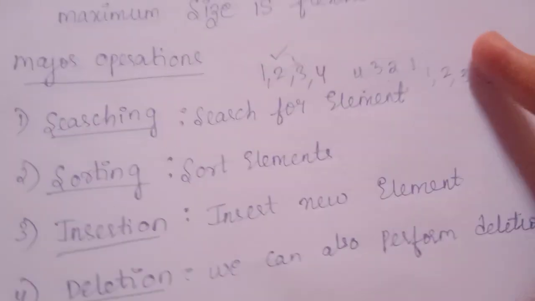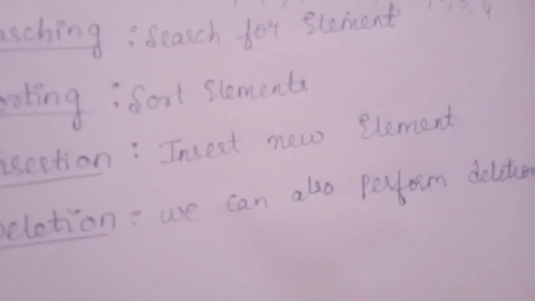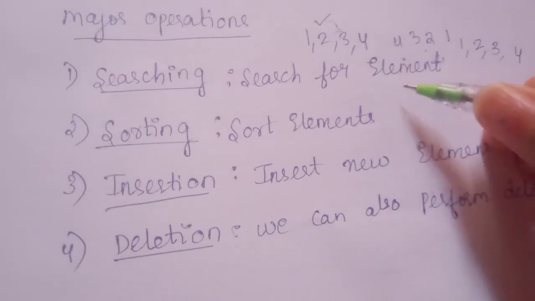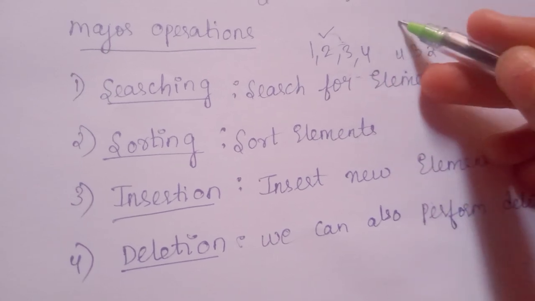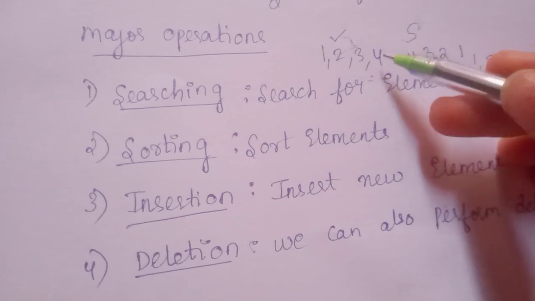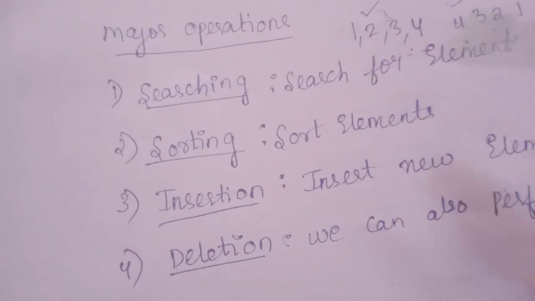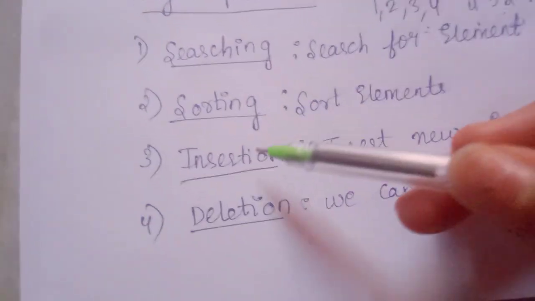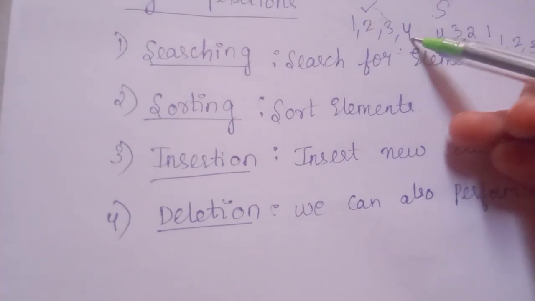Next we have insertion. Insertion is nothing but inserting an element. Suppose we already have elements 1 2 3 4 and we want to insert the element 5. That is a new element which we are going to insert here. One thing about insertion is we can do it at the starting point or at the end point.